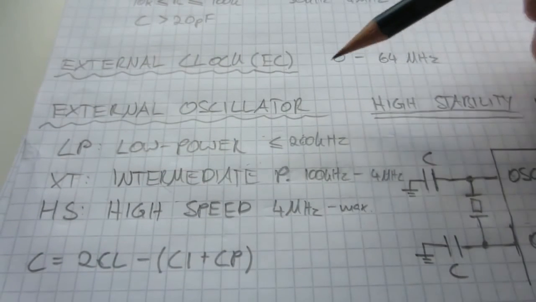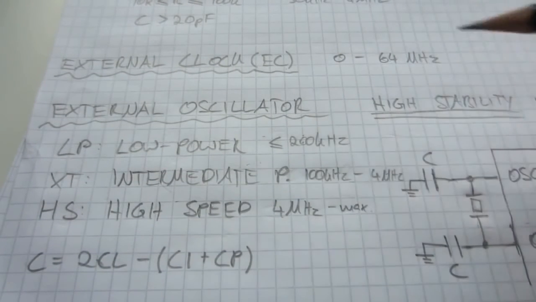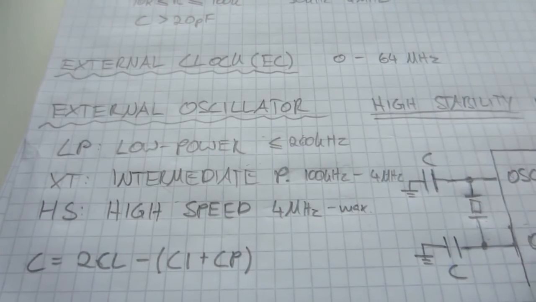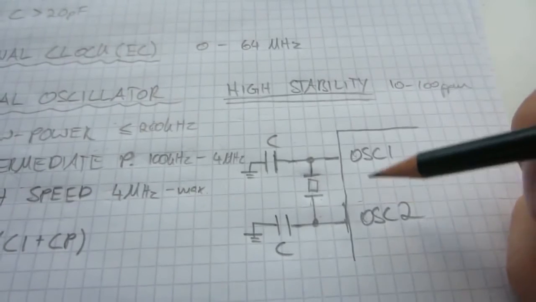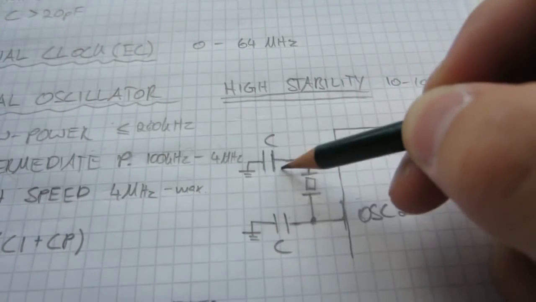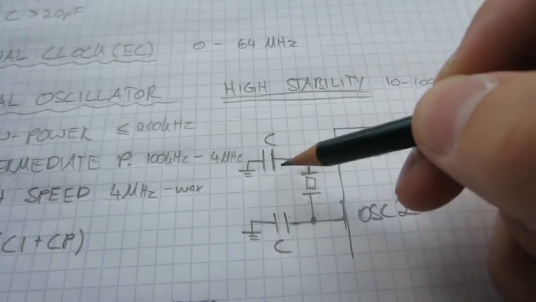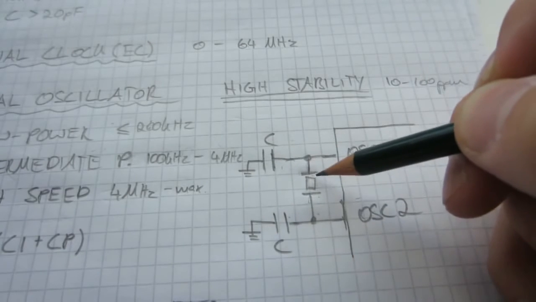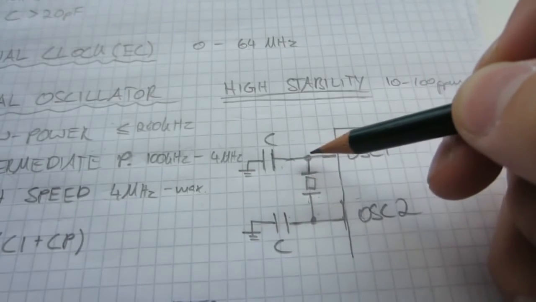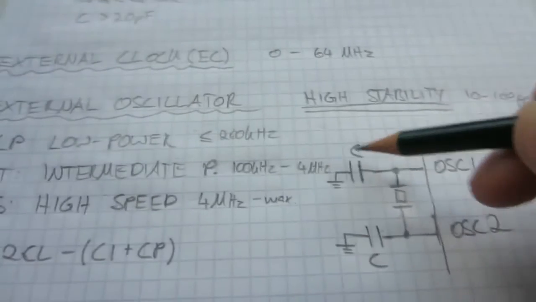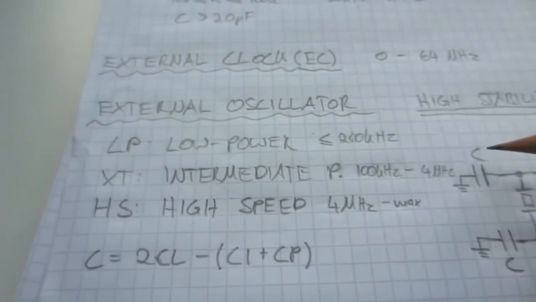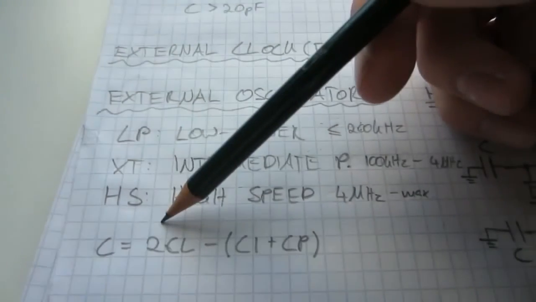And for a crystal oscillator, besides just connecting the crystal to the oscillator pins, you also need to add load capacitors. And these load capacitors are needed in order for the crystal to start oscillating. And you can calculate the value for C by this formula.